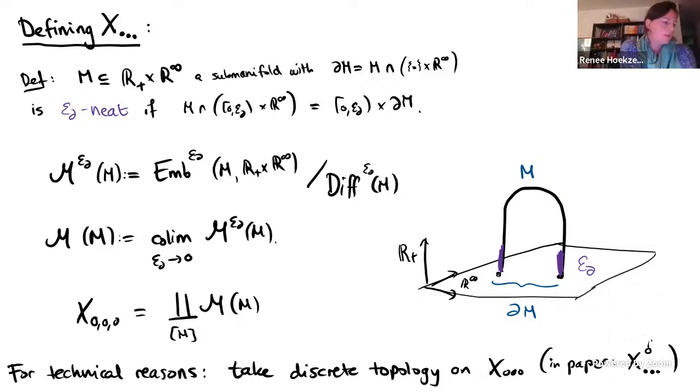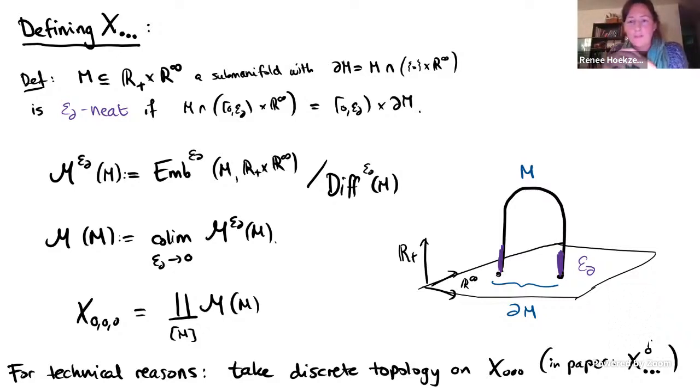Okay, so how do we define this trisimplicial space? First, there's always a question of how I think about manifolds. How do I actually take a manifold and do something with it?